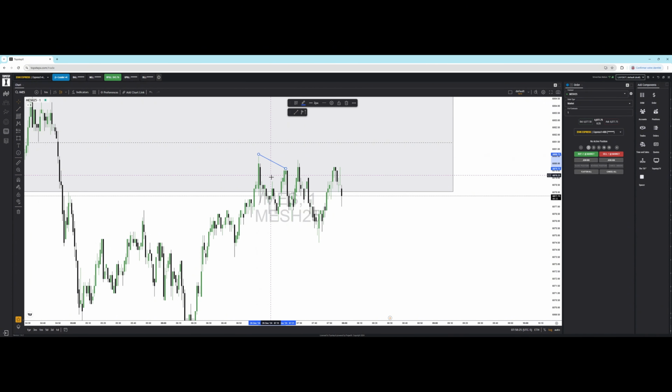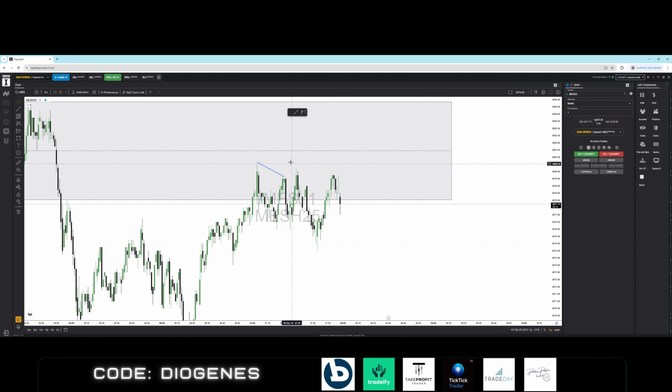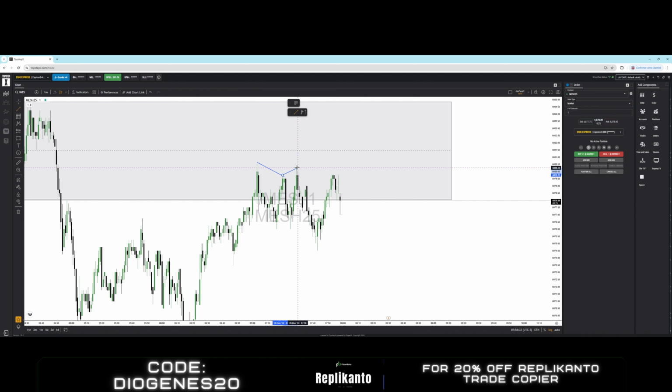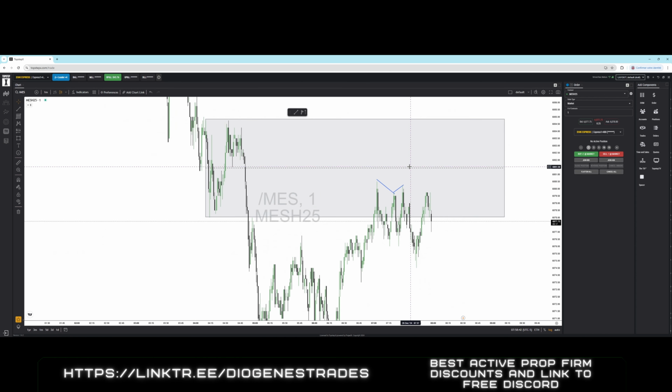So ES never took that high and they broke structure. Then when Nasdaq never took the second high, ES took. So this is double SMT, which is really high probability, not for ES, but you take it with the pair that took the high.